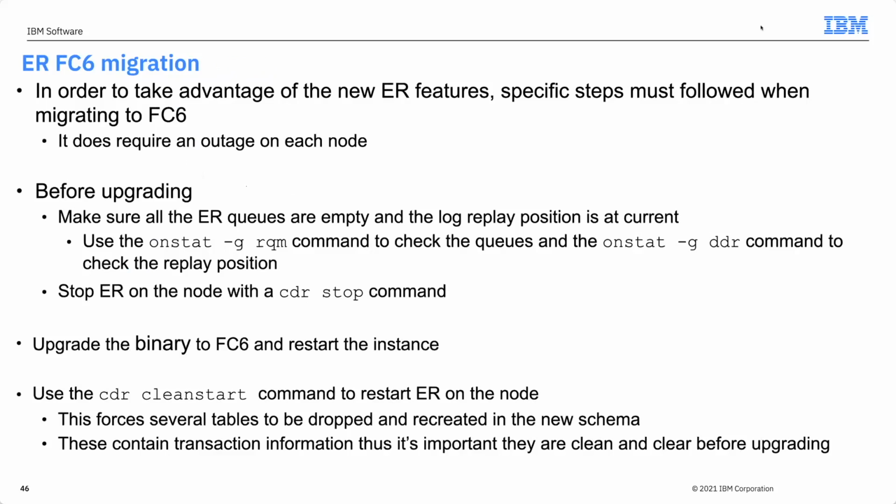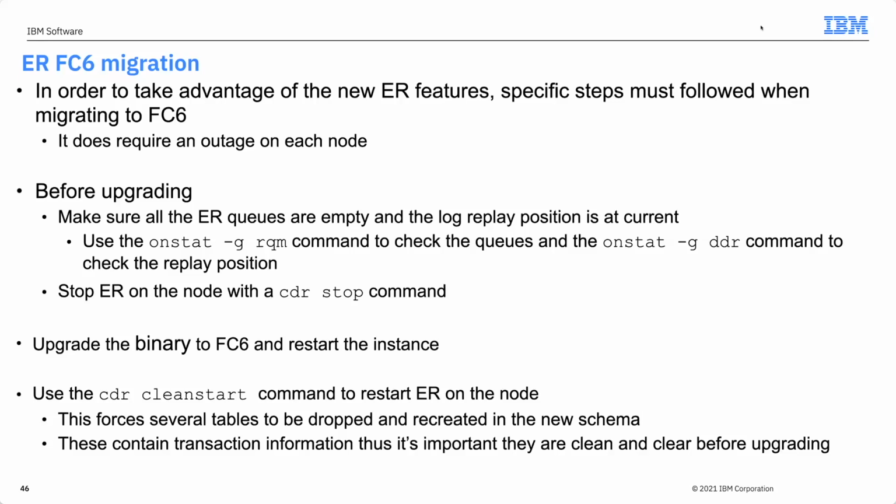If you're using ER and you're migrating to FC6, the process is more or less the same. What you want to do is take each node offline, update it to the new binary and turn it back on. But you need to make sure that your queues are empty. There is the onstat command that will help you monitor your queues. And when they've dropped down to 0 or very close to 0, you want to stop ER with a CDR stop.